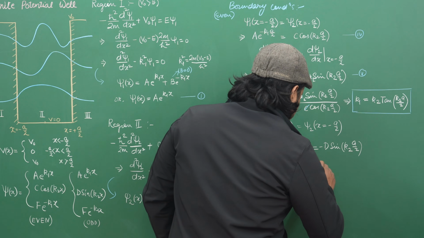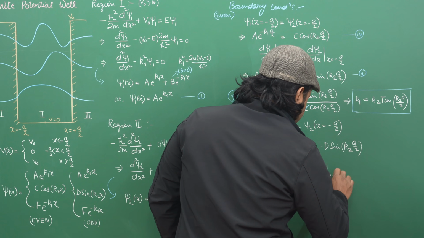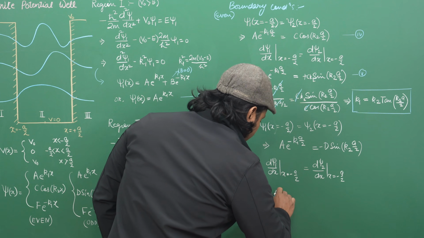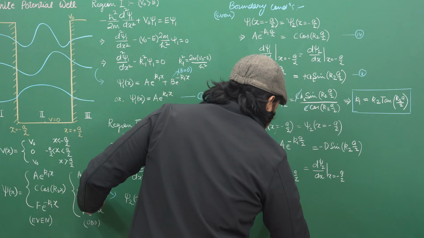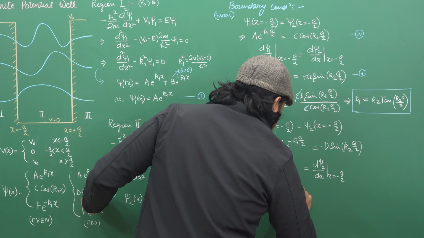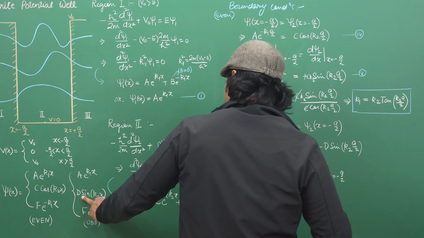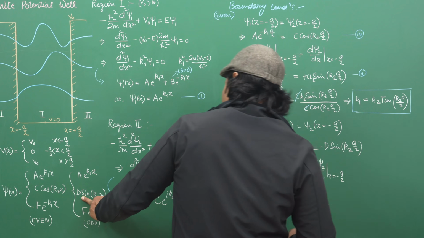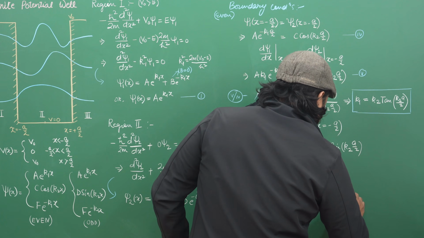And here we will have d psi 2 upon dx at x is equal to minus a by 2, which means that we have A and k1 e to the power minus k1 a upon 2, and here we have D k2 cos k2 a upon 2.